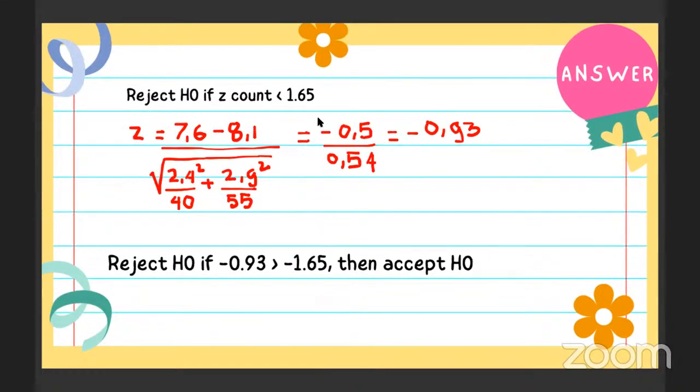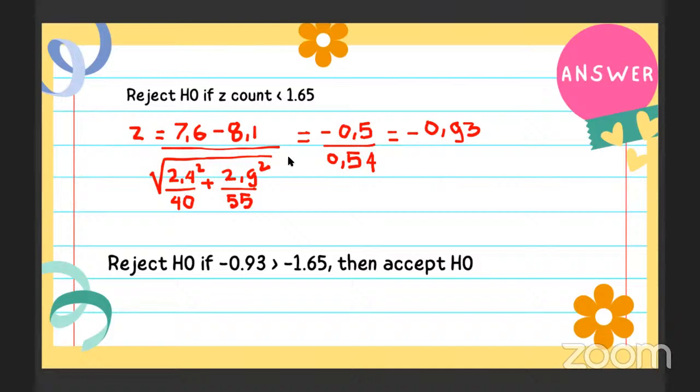So reject H0 if Z count is less than minus 1.65. Z equals 7.6 minus 8.1, divided by the square root of 2.4 squared divided by 40 plus 2.9 squared divided by 55, which is minus 0.5 divided by 0.54, which is minus 0.93.